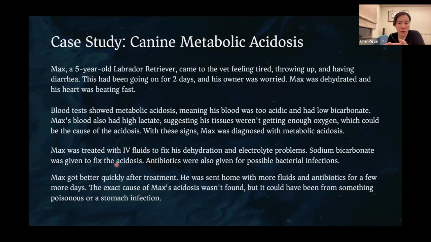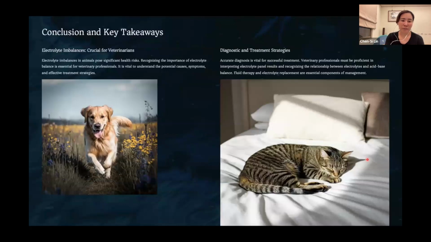And in this fluid treatment, because of the loss of sodium bicarbonate, we need to add sodium bicarbonate within the IV fluid to fix the acidosis. We also need to treat the diarrhea, so we use some antibiotics. After the whole treatment, the animal recovers to his normal condition.